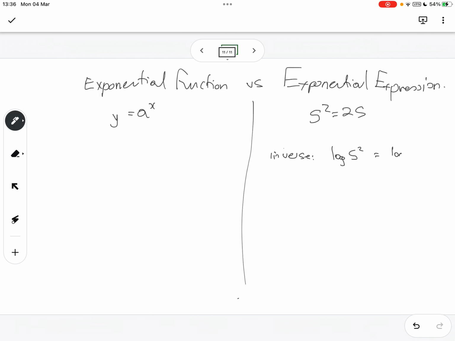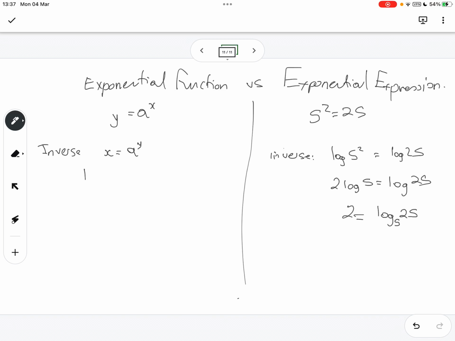Now if you want to write the inverse here, it is just direct. So you can say log of 5 squared equals log 25. 2 log 5 equals log 25. Therefore 2 is the power to which base 5 must be raised to give you 25.